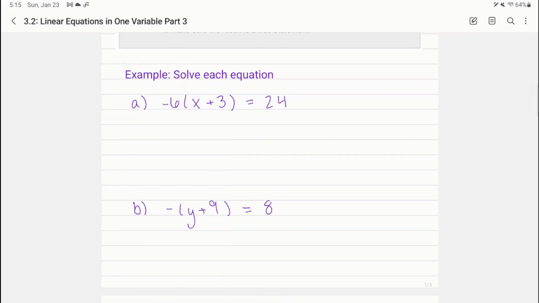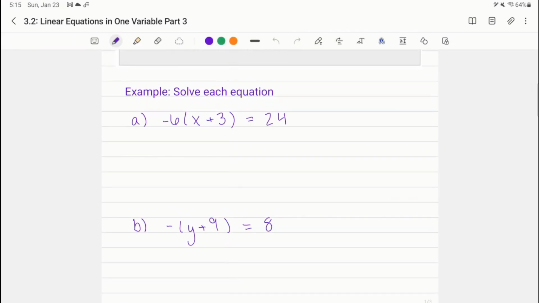So, negative 6 times the quantity x plus 3 equals 24. Now, already I am going to jump away from it because I'm not going to distribute the negative 6. We could distribute the negative 6, that would be okay. But what I'm going to do instead is divide by negative 6 on both sides of the equation.